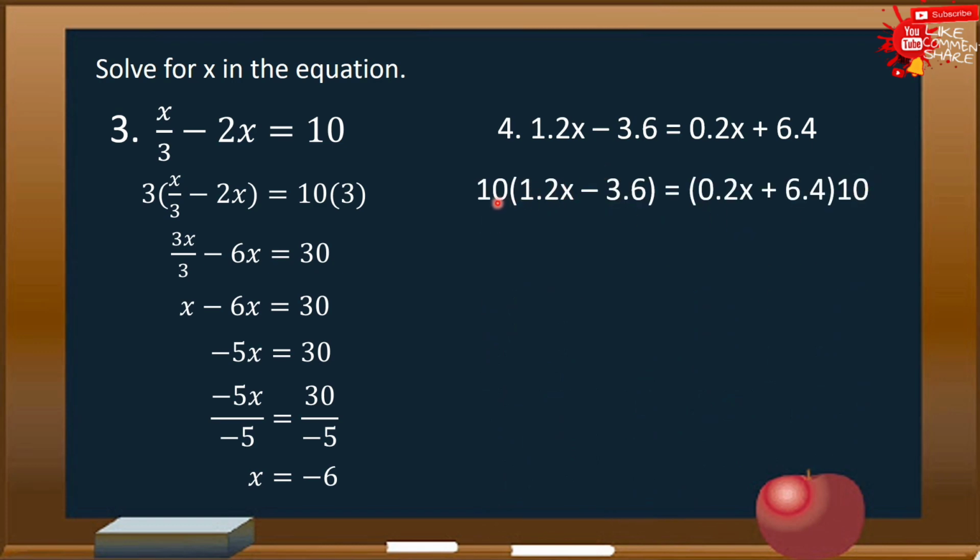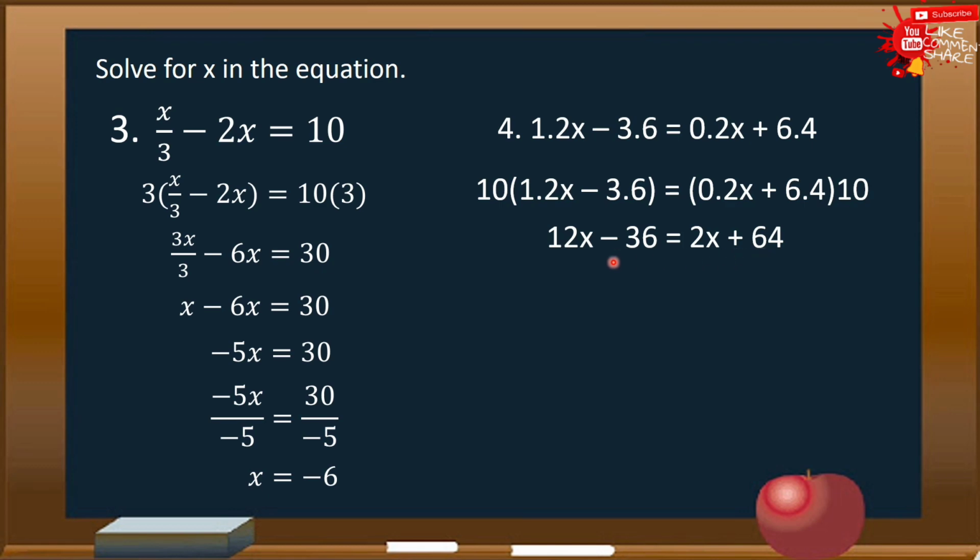So, we will have 10 times 1.2x, which is 12x. Then, 10 times negative 3.6, so it is equal to negative 36. Then, the equal symbol. Then, 0.2x times 10, so we have 2x. Then, positive 6.4 times 10, we have positive 64.